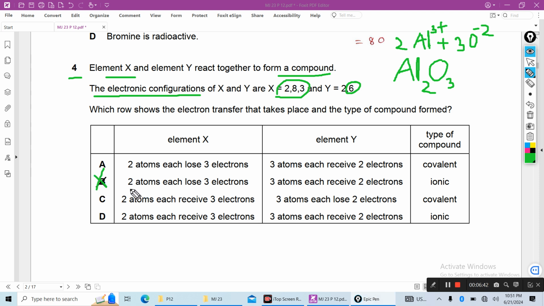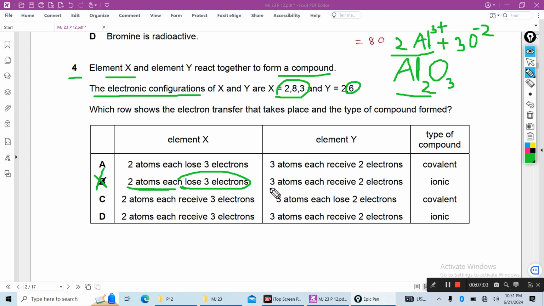You see, two atoms each lose 3 electrons. In Al2, 2 atoms, every atom loses 3 electrons to form 2Al3+.